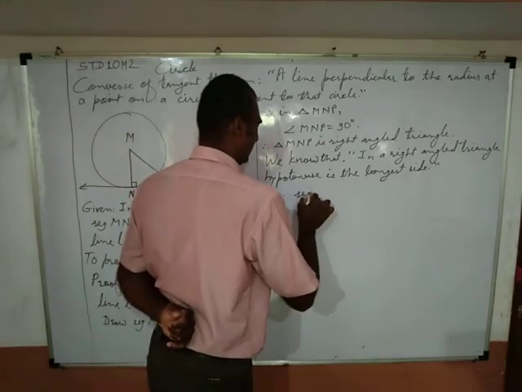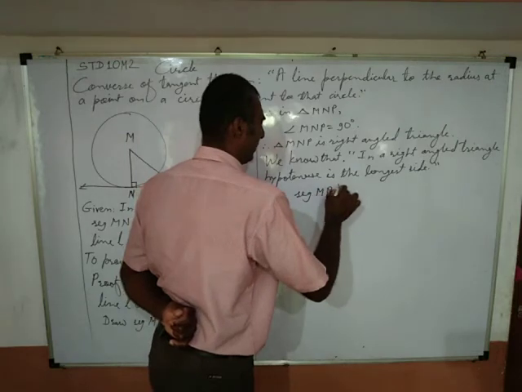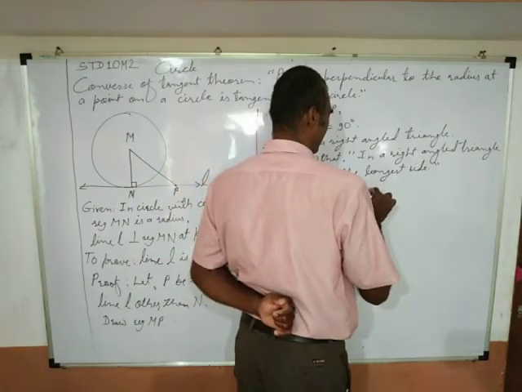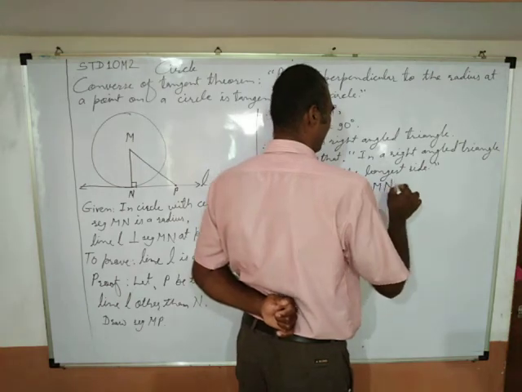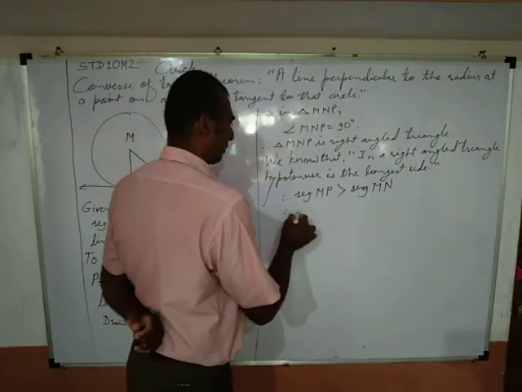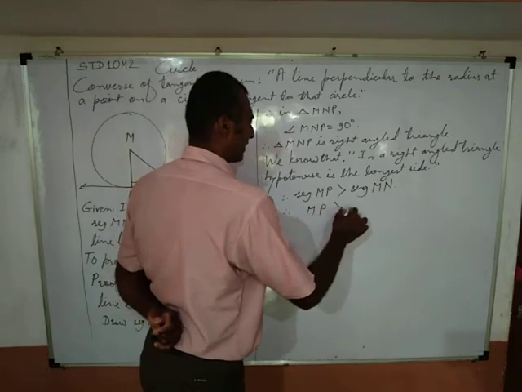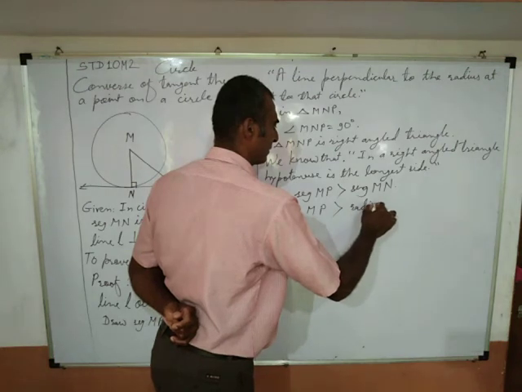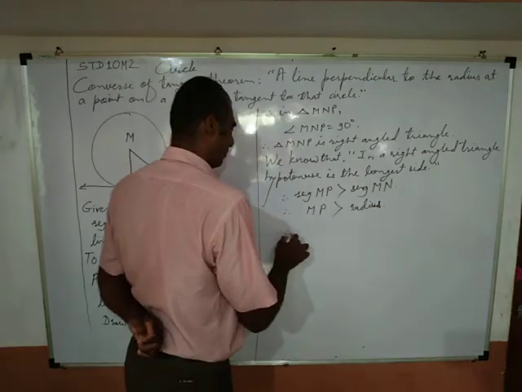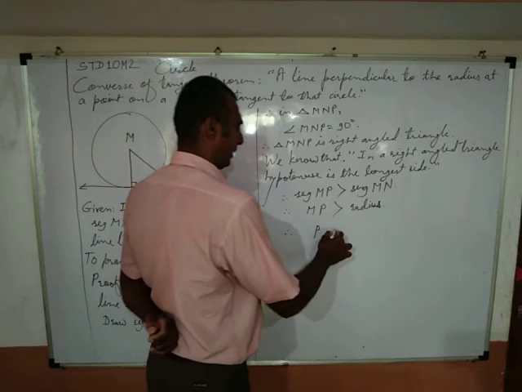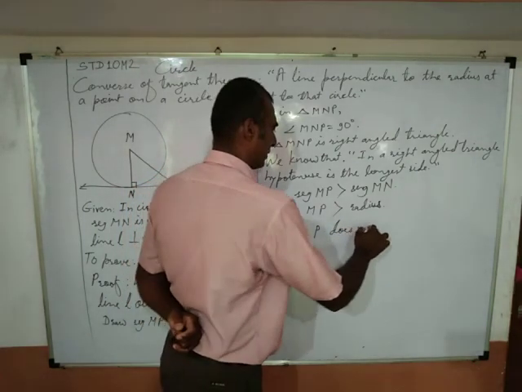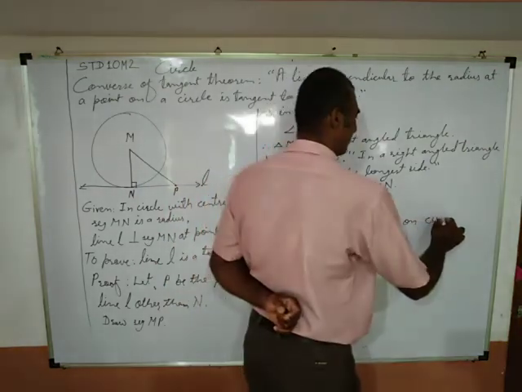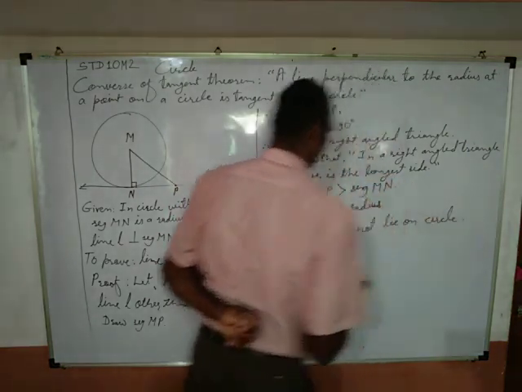Therefore MP is greater than the radius, and therefore P does not lie on the circle.